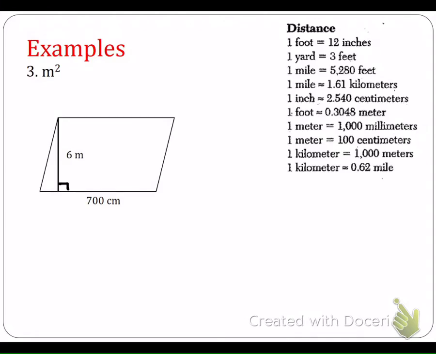So I want the answer in meters. So my height's fine, but I need to do something with my base. So do we know how to go from centimeters to meters?